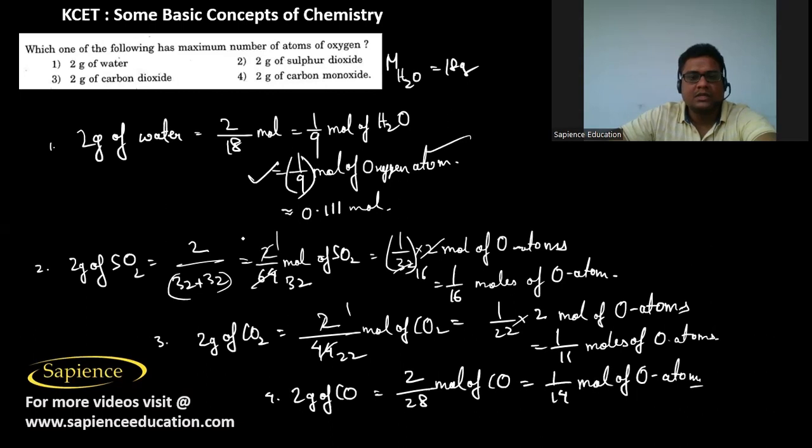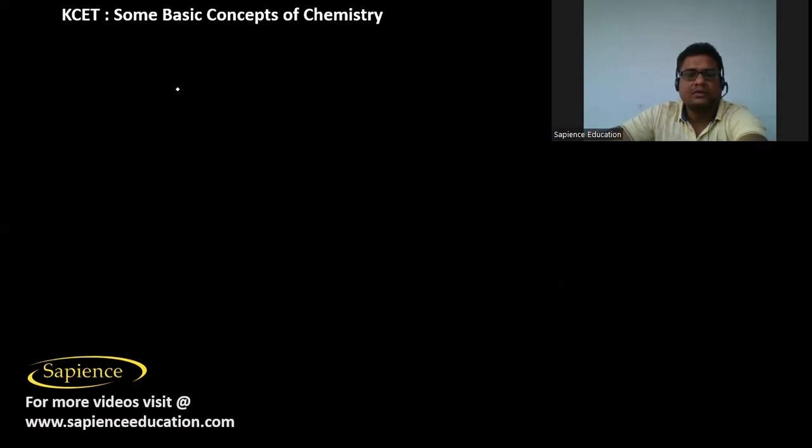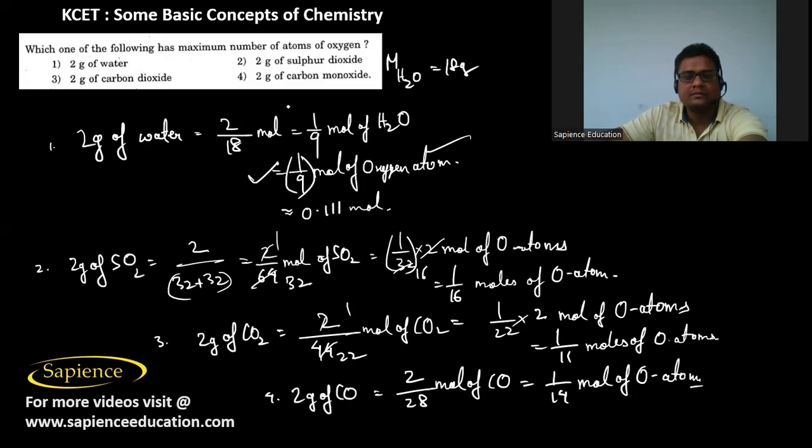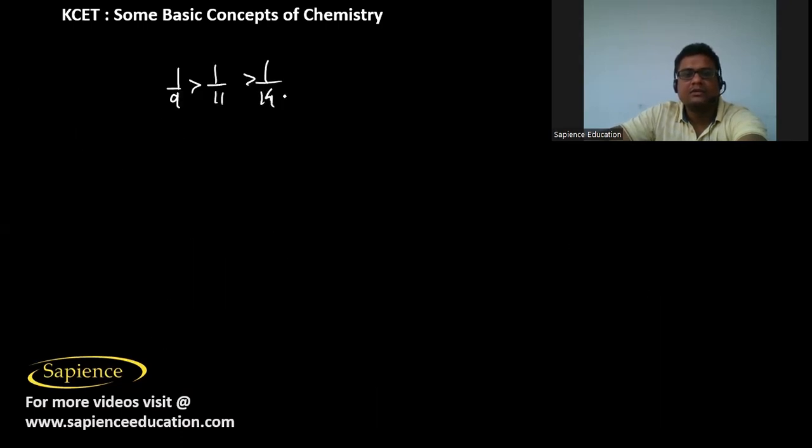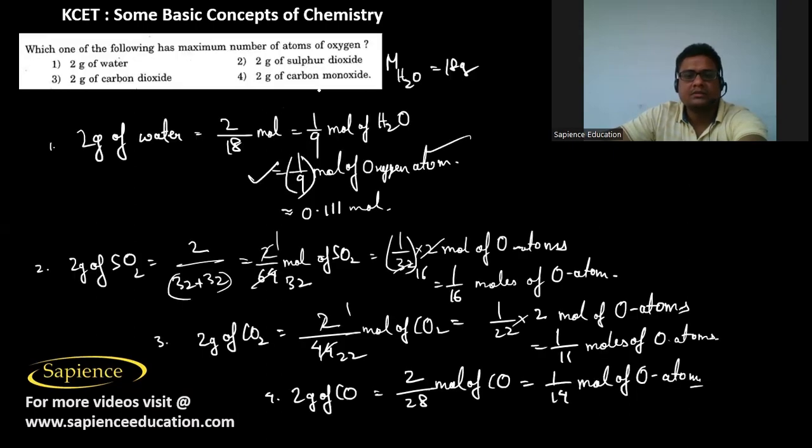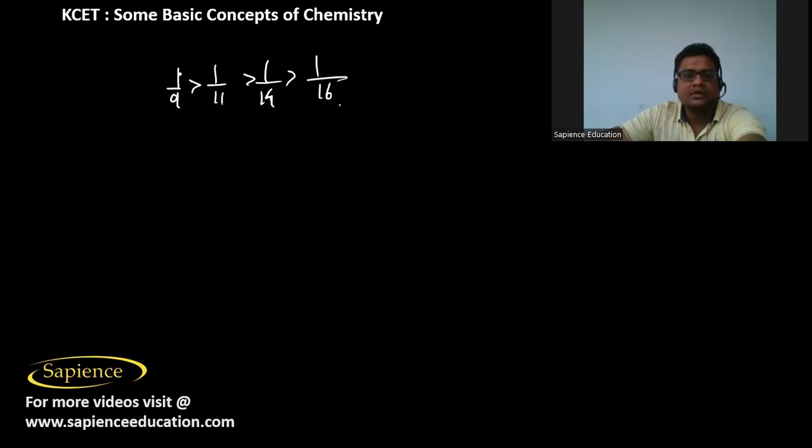The value of this fraction, it means here 1 by 9 is obviously higher than 1 by 11, and which is obviously higher than 1 by 14, and which is obviously higher than 1 by 16. Since when the denominator is the least, the value of this fraction is the highest. So this fraction is maximum.